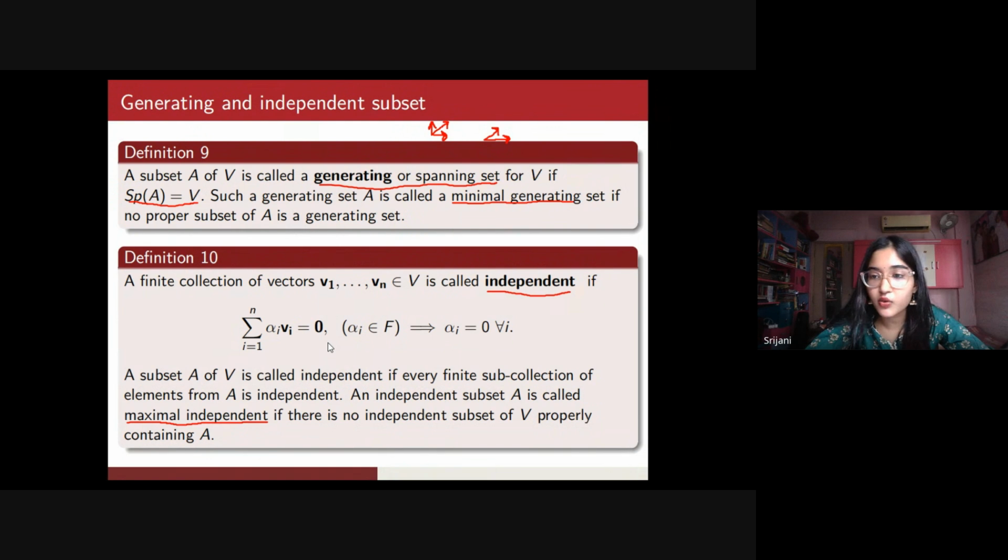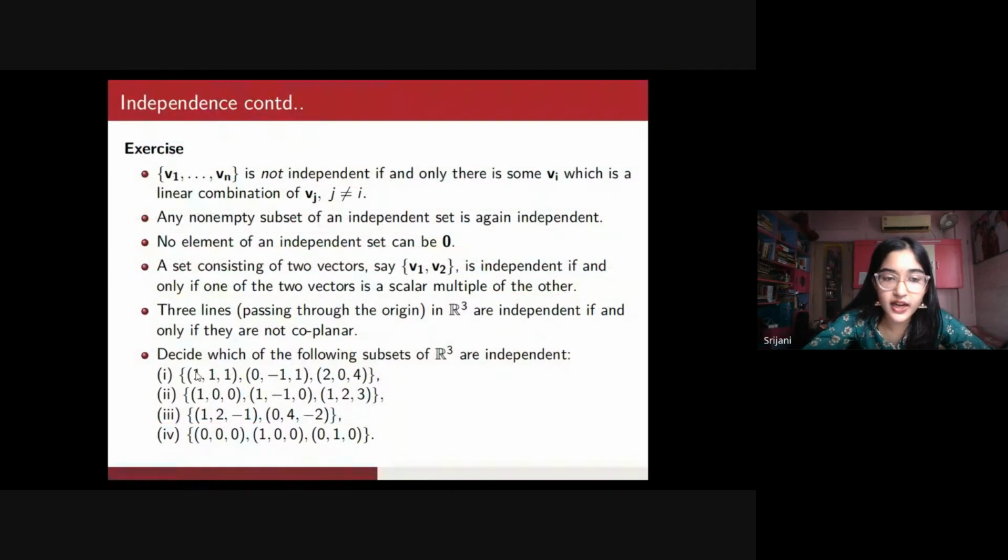Summation alpha i vi equal to 0. So you take alpha 1 into this plus alpha 2 into this plus alpha 3 into this. So what will you get? First is alpha 1 plus 0 plus 2 alpha 3.